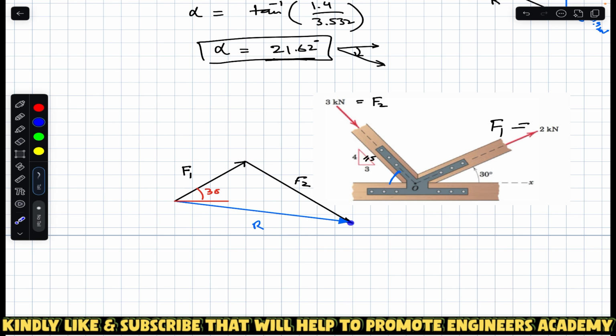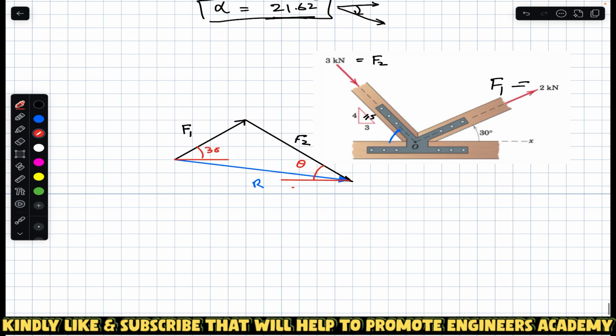So we can say that f2 is making that same angle theta, and we can find that angle theta by applying tan theta to this right angle triangle. Tan theta will be the perpendicular divided by the base, so theta is equal to tan inverse 4 divided by 3.